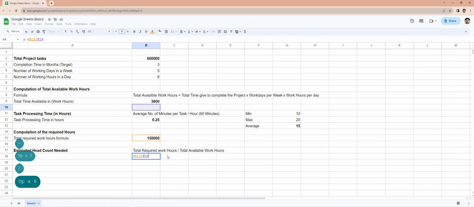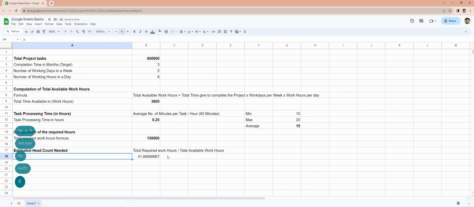That will be 3,600 as per our earlier calculations, and we have got the estimated headcount needed to complete the task within this stipulated time. Here we may have to round off the value to the next immediate number, because we cannot hire a fraction of the headcount.